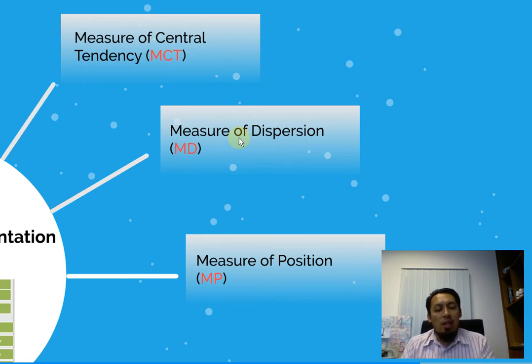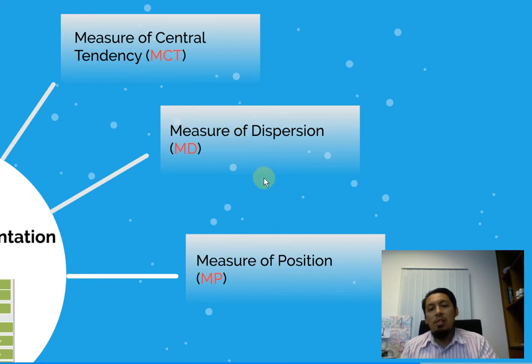Are the values far from each other, or close to each other? That is what you can see from measure of dispersion. As I said before, common calculations in MD are variance and standard deviation. Later you're also going to see the interquartile range and the simple range. Those are the tools that we use in MD.